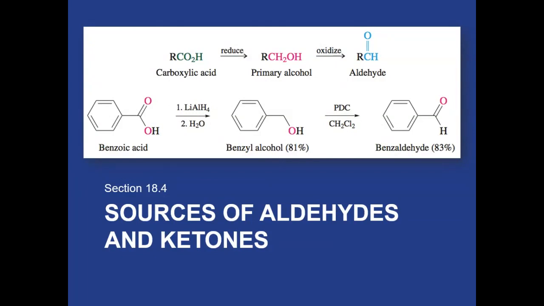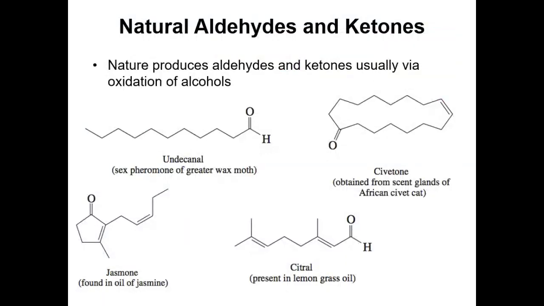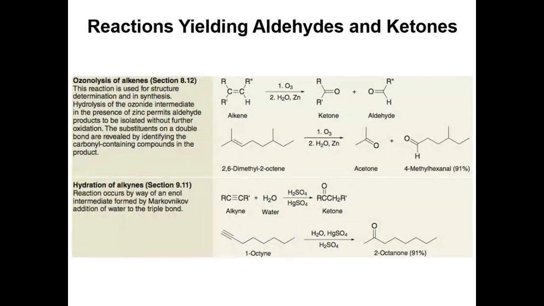The source of aldehydes and ketones: some of them are naturally occurring, and here are some examples. In earlier parts, especially organic one, we already learned quite a few reactions that can give us aldehydes and ketones.